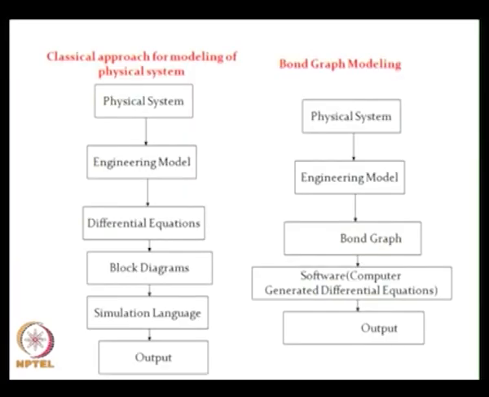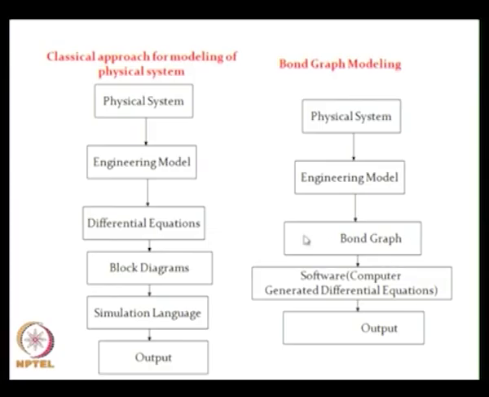In this diagram I explained the difference between the conventional way of modeling and the Bondgraph modeling. Here we do not go for the differential equations, instead we directly go for the Bondgraph model. Directly from the physical system we develop an engineering model of the system and then convert that into a Bondgraph, and then we can use standard software for simulation.